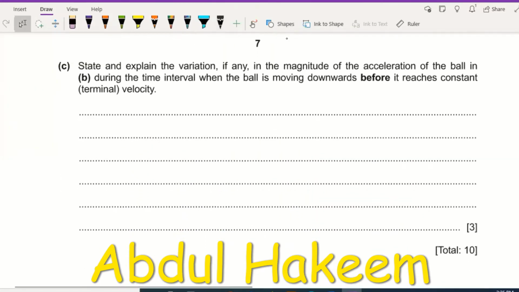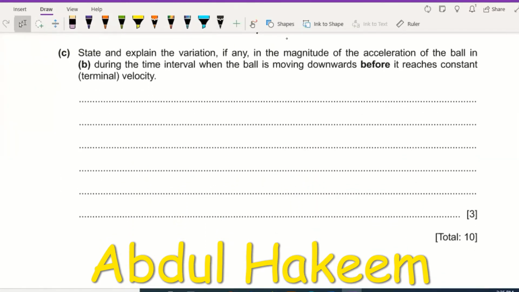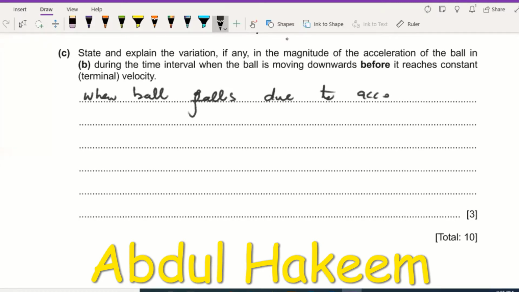Now the next is: state and explain the variation, if any, in the magnitude of the acceleration of the ball in B during the time when the ball is moving downward before it reaches the constant terminal velocity. So we will write, when the ball falls due to acceleration, its speed, or we can write velocity, increases.